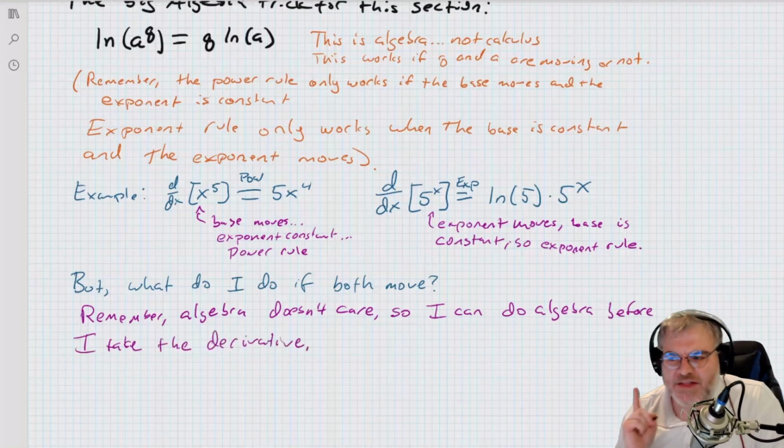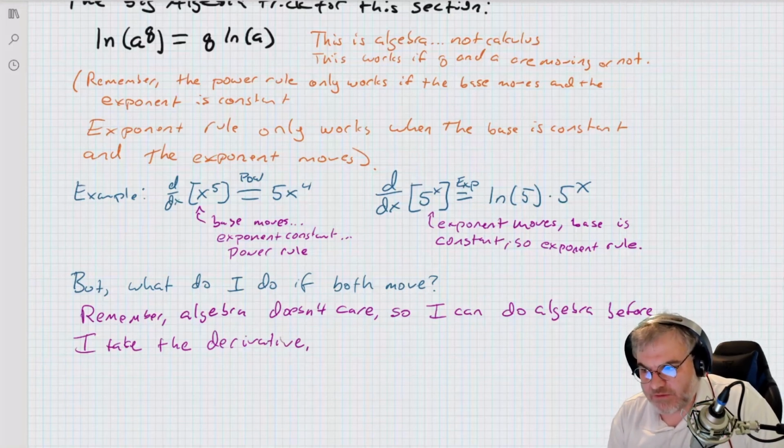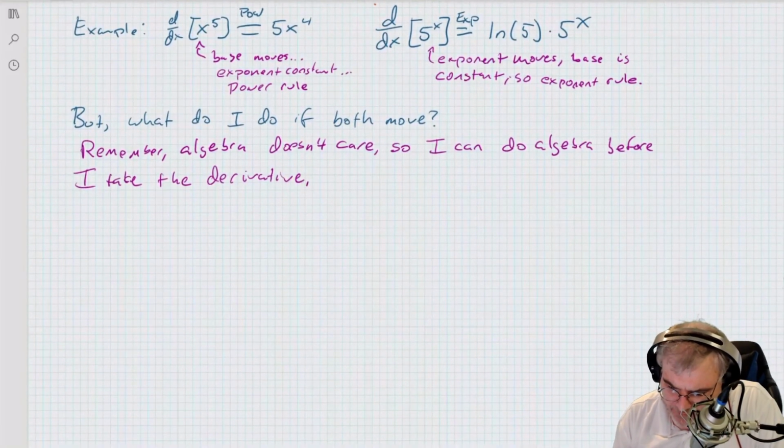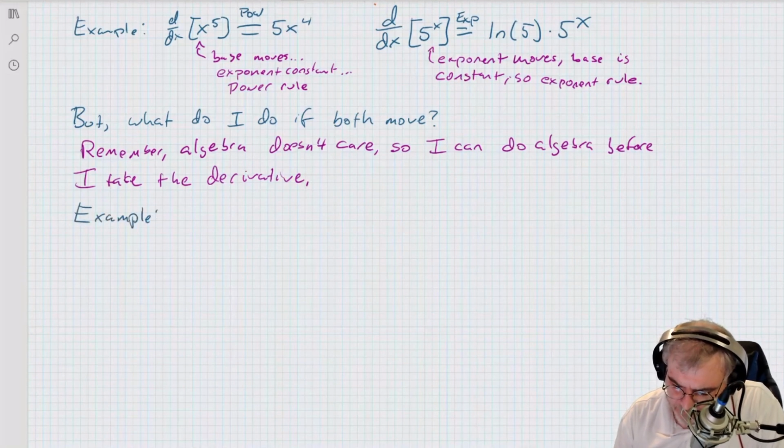Now, it should be noticed that algebra changes domains, but it doesn't care about these other things. So, example. Consider f of x equals x to the x.